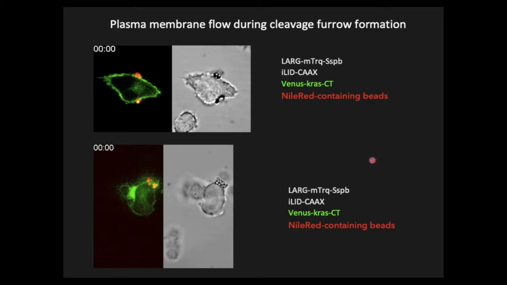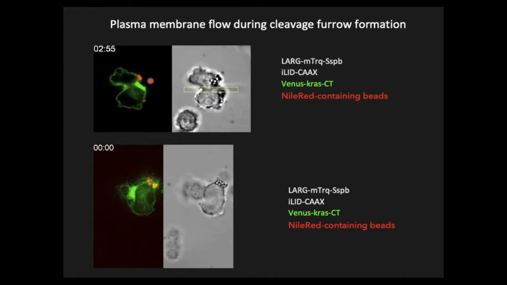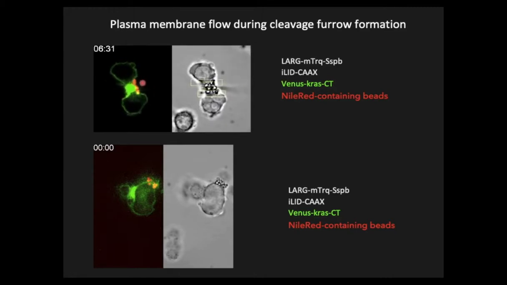The beads are red and the membrane marker is green. And like you will see in the first movie, after induced furrow formation, we see how the membrane starts to flow, the cell contracts, and the beads flow to the middle, to the furrow region.